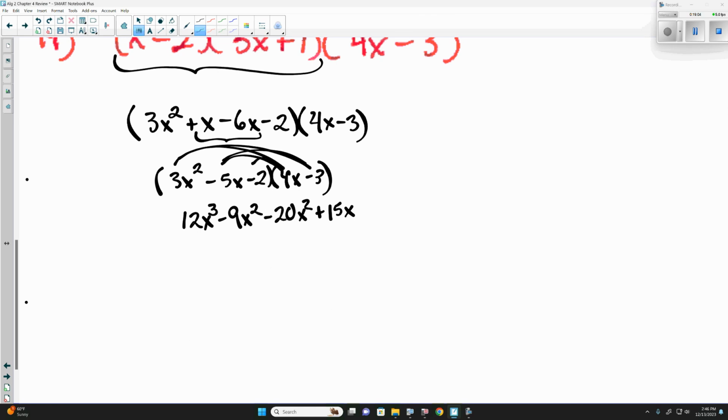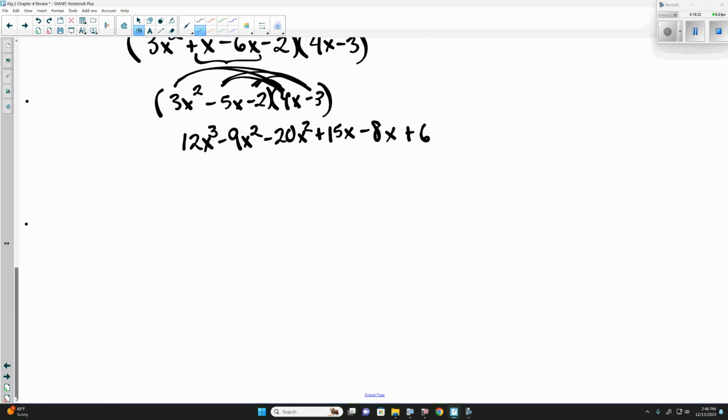Then lastly, we'll distribute the negative 2. Negative 2 times 4x is negative 8x. And negative 2 times negative 3 is plus 6. Lastly, we're going to combine like terms. 12x cubed does not have any like terms.